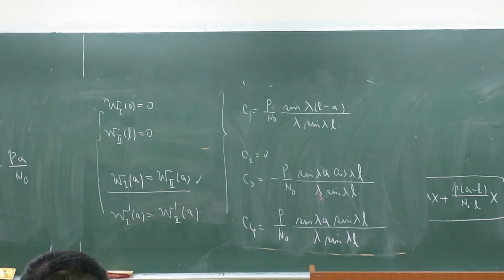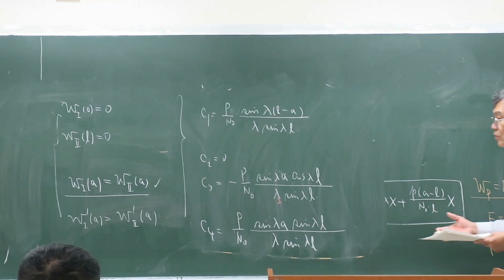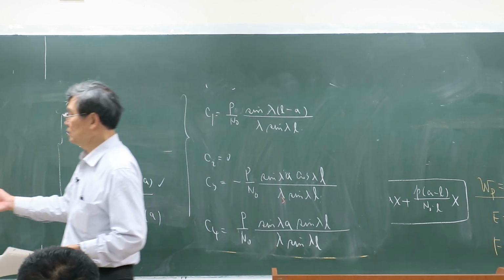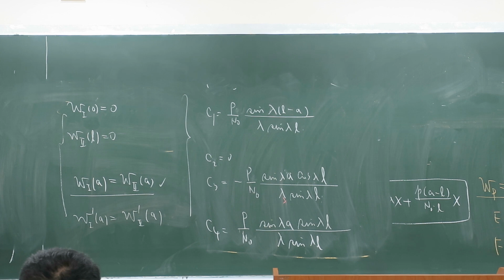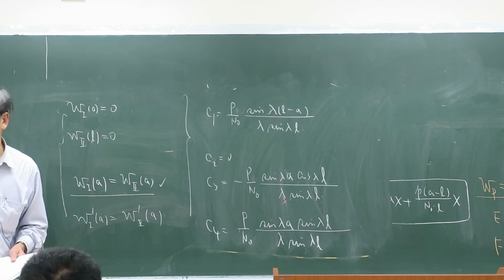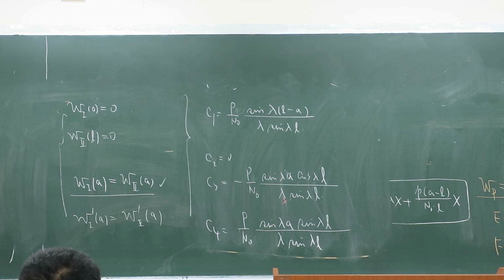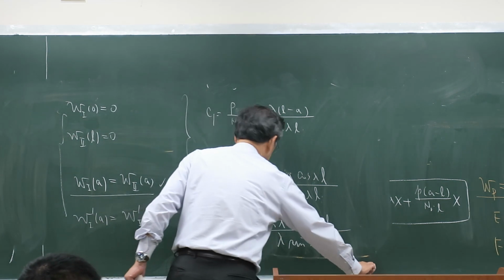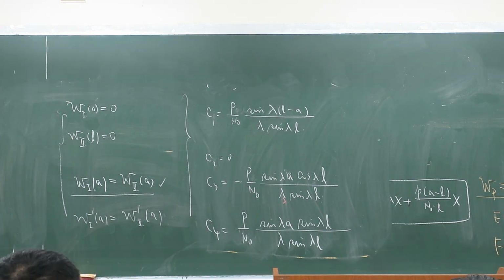So we solve the 2 equations. You just check if x is over A, you follow this curve. Okay, the deflection. That's it. So this is W2 at x, and here W1 at x.